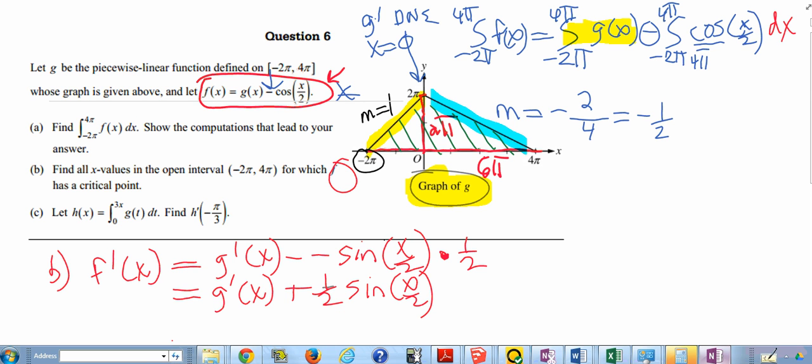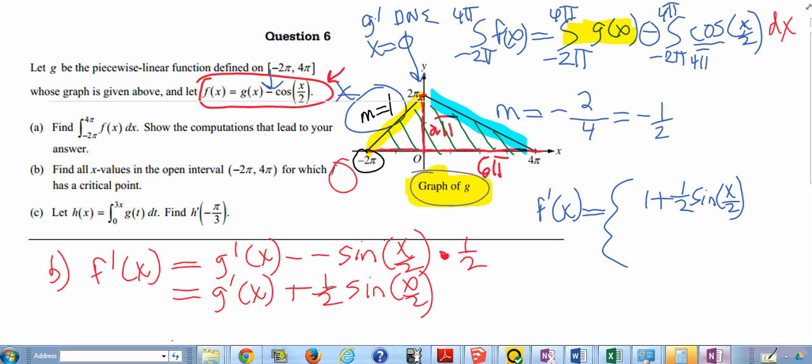Alright, let's see if we can write that as a piecewise function. So f prime of x is equal to, so it's positive 1 here when I'm on the left, plus the cosine portion, which would be 1/2 sine of x over 2, and that exists from negative 2 pi.